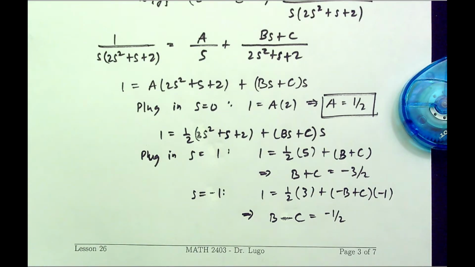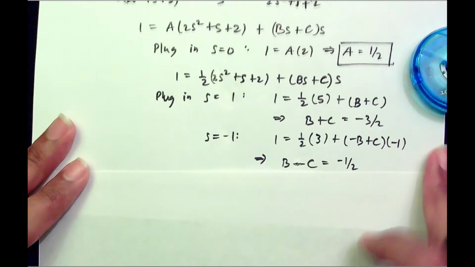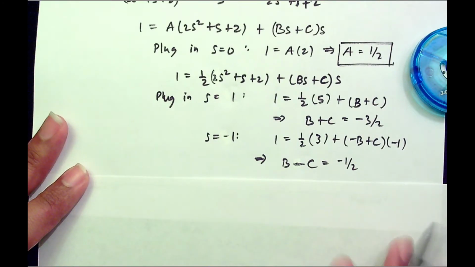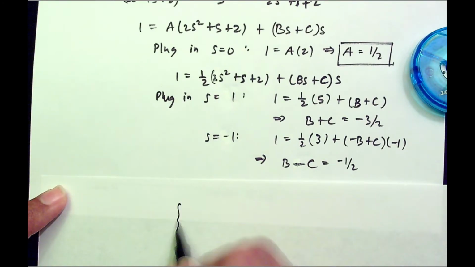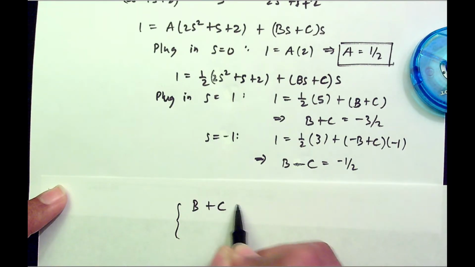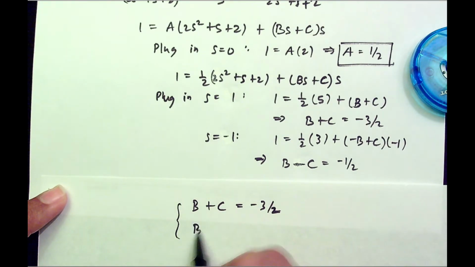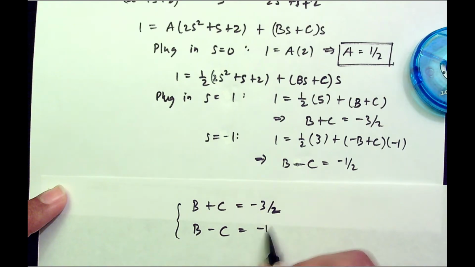So we have this system, again, that we're going to solve. What is the system? Well, the system is that equation and that one. So b plus c equals -3 halves, and b minus c equals -1/2.